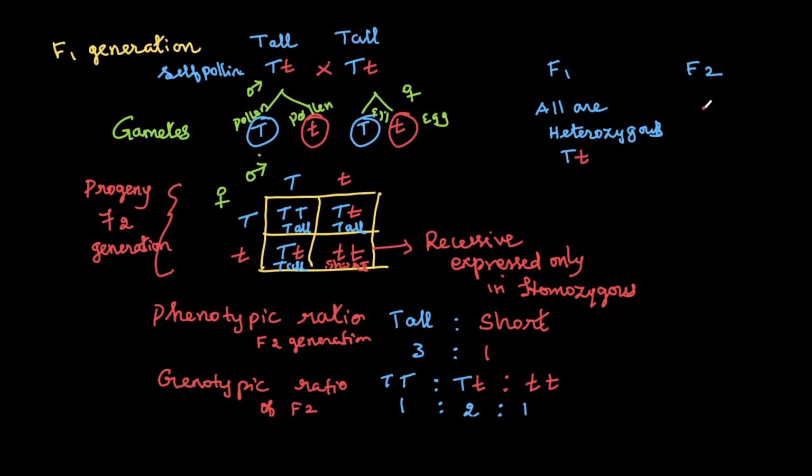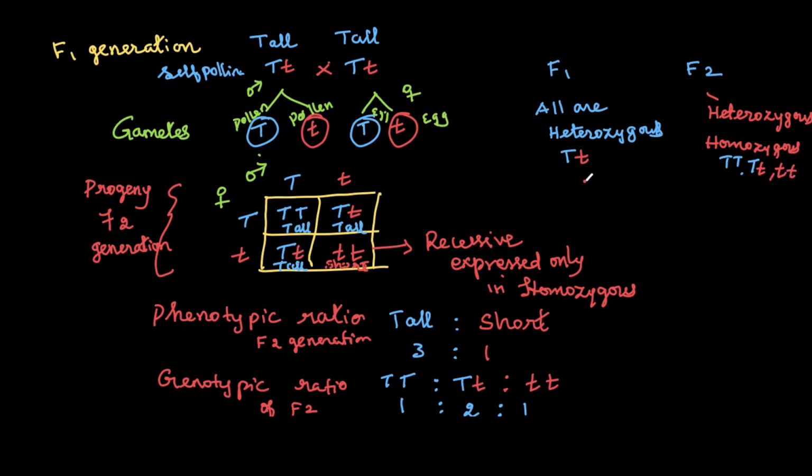But in the F2 generation, some are heterozygous and also homozygous individuals will appear, that is capital T capital T, capital T small t, small t small t.